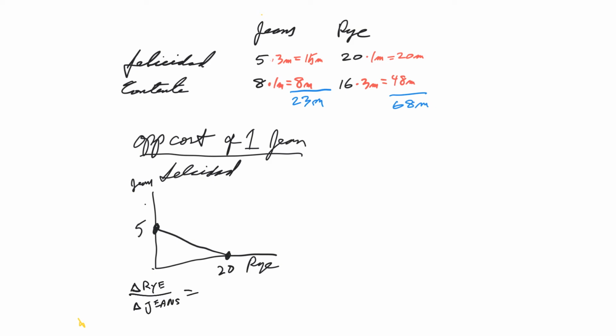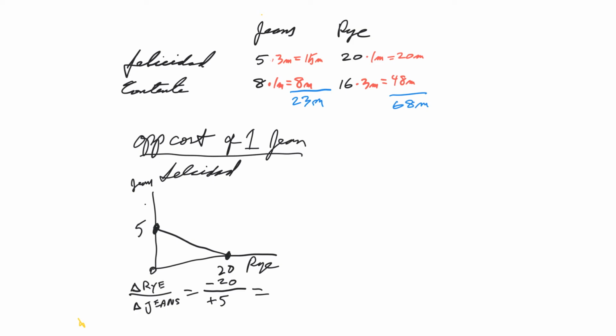Okay, let's say we're sitting here producing 0 jeans, and we want to go up to 5. How are we going to go from 0 to 5 jeans? Well, we're going to have to go from 20 down to 0 rye. So, if we increase jeans by 5, we're going to have to decrease rye by 20.